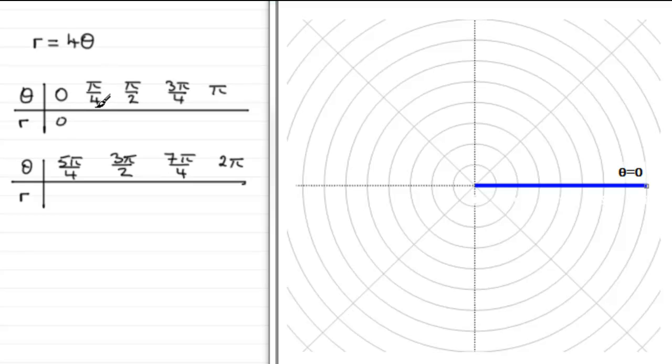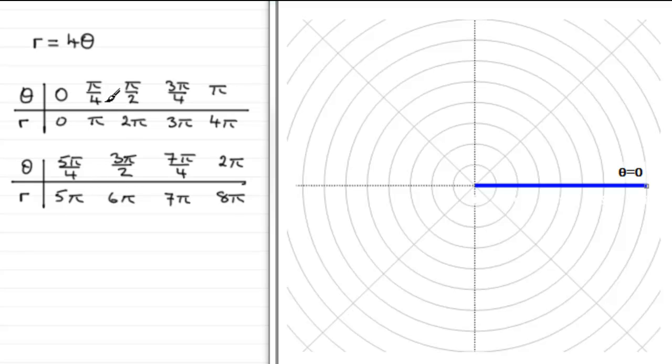But pi upon 4 in here, 4 times pi upon 4 is going to give me pi. And 4 times pi upon 2 is 2 pi. And you'll see that if you work these out, you get 3 pi, 4 pi, and it just keeps going up in intervals of pi. Okay, 6 pi, 7 pi, and 8 pi. So we have our corresponding values of r for various values of theta.